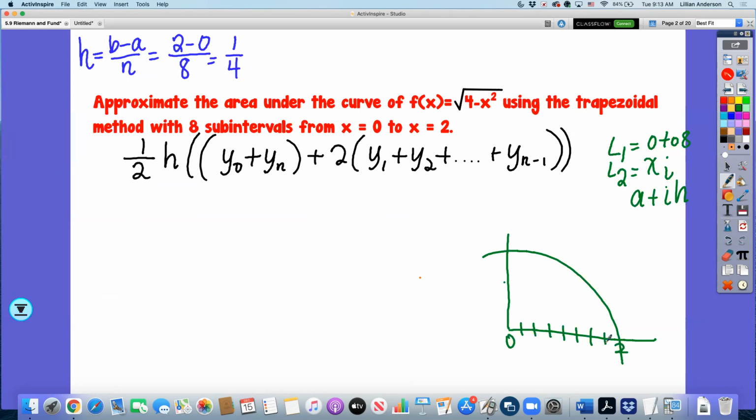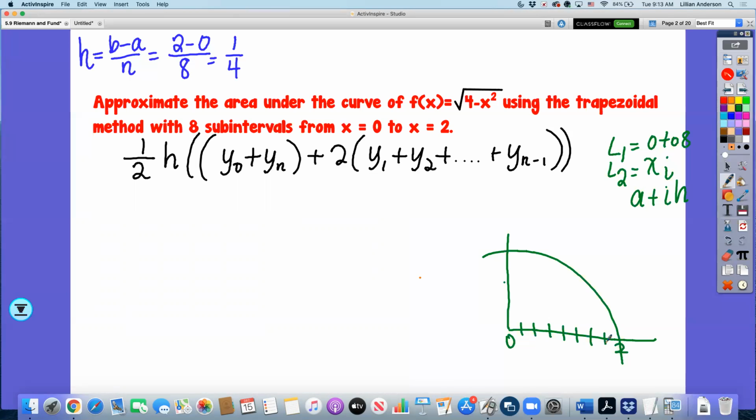If you're going to do it by hand, then those are the values you want. But if you want the calculator to assist you, you will need to type it in the way that I'm showing it in the green off to the right. If you do it by hand, you won't even need a 0 to 8. But if you want to use your calculator, you'll use 0 to 8 for L1, and then those for L2.